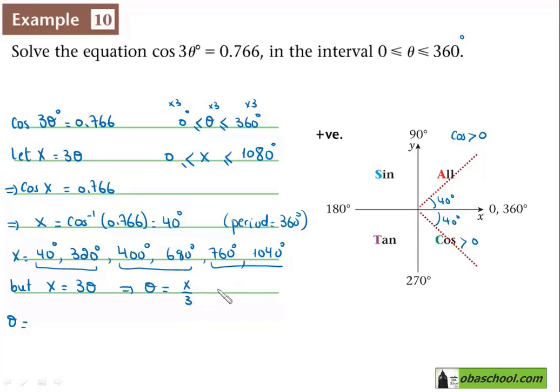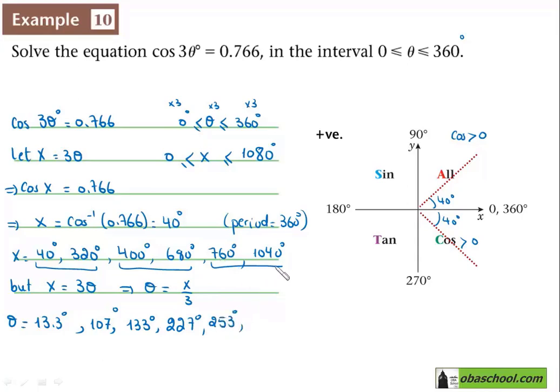40 divided by 3 is 13.3. 320 divided by 3 is 106.7, but we want up to 3 significant figures, so 107. 400 divided by 3 is 133. 680 divided by 3 is 227. 760 divided by 3 is 253.